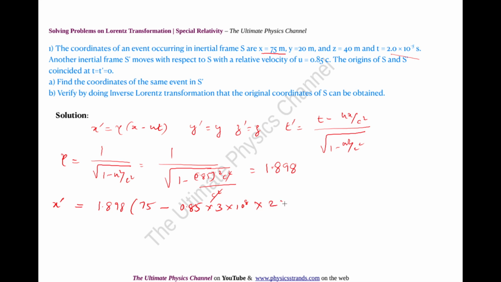So it is 2 into 10 power minus 5 seconds, right? So if I do the calculations, I'm going to end up getting x prime, the coordinate, being equal to minus 9539.04 meters.